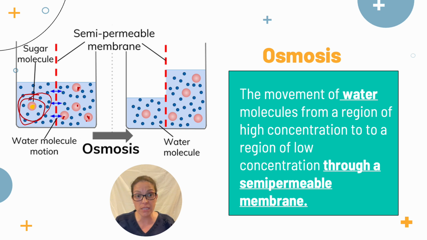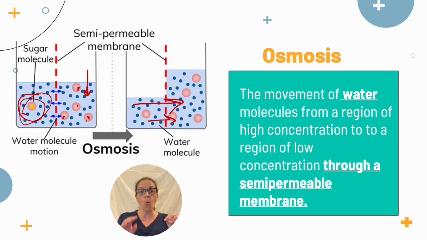There is a higher water to sugar ratio than on this side here. There is less water to sugar because there is more sugar. And so the water molecules move in this direction, from a high concentration to a low concentration, through the selectively permeable membrane. Only water can pass, not sugar.